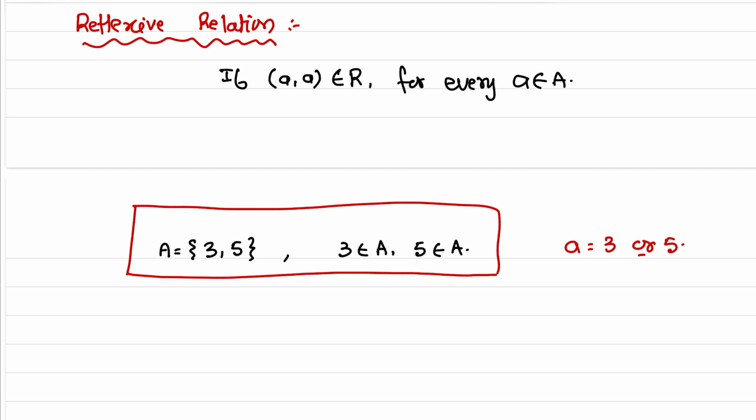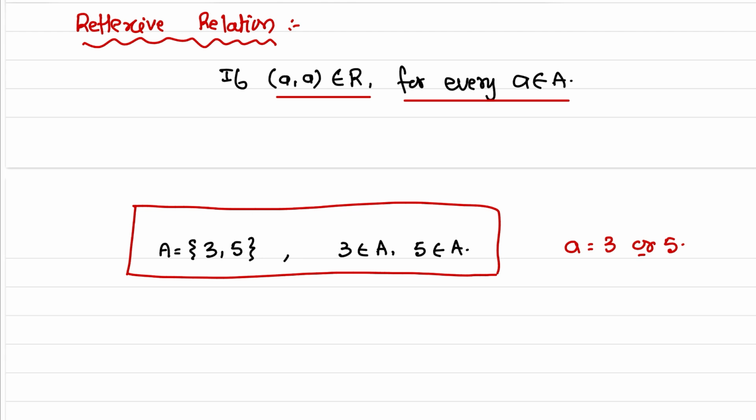So (a, a) belongs to R. For every element in A, there should be a relation, and that relation should be such that, a need not be only one element. a can be many number of elements. Please try to understand this.